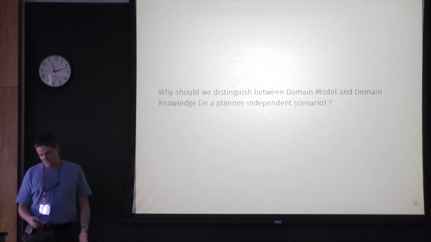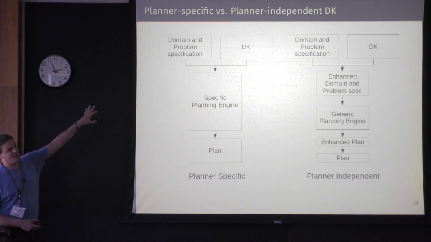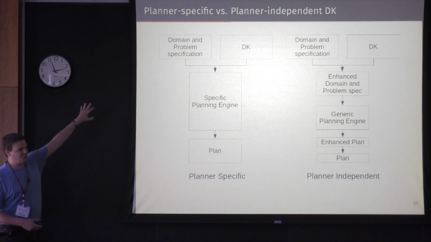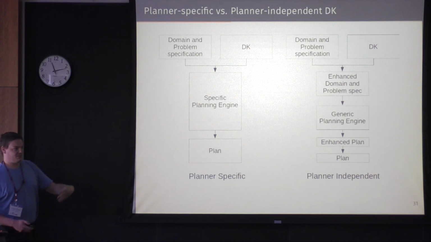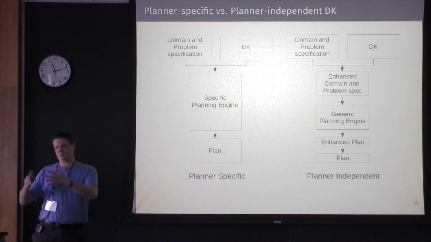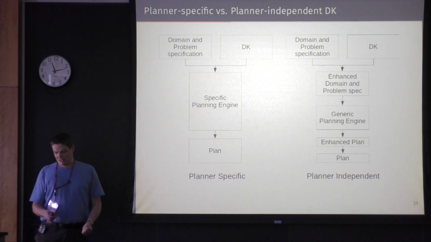As you could see, in this case we are decoupling the domain model and domain knowledge. As Mauro said this morning, we also decouple planning engines and planning domain models.